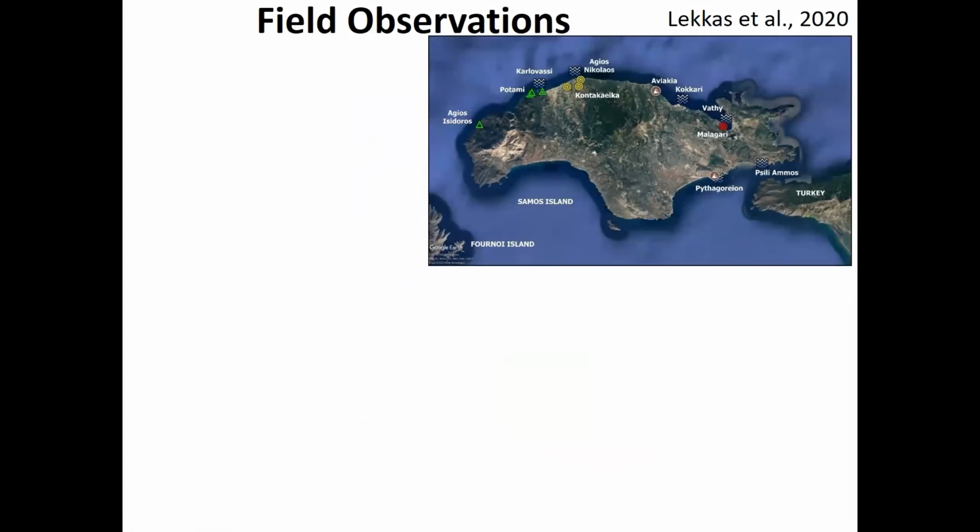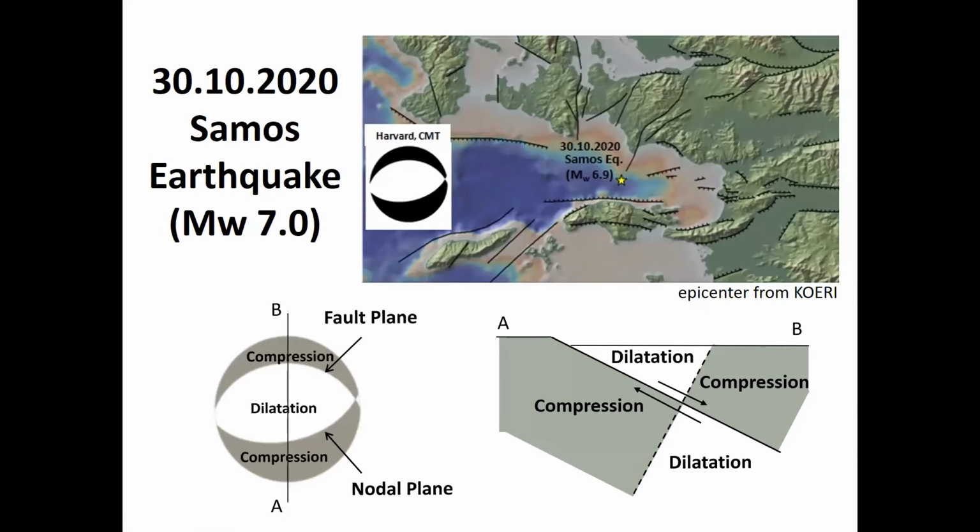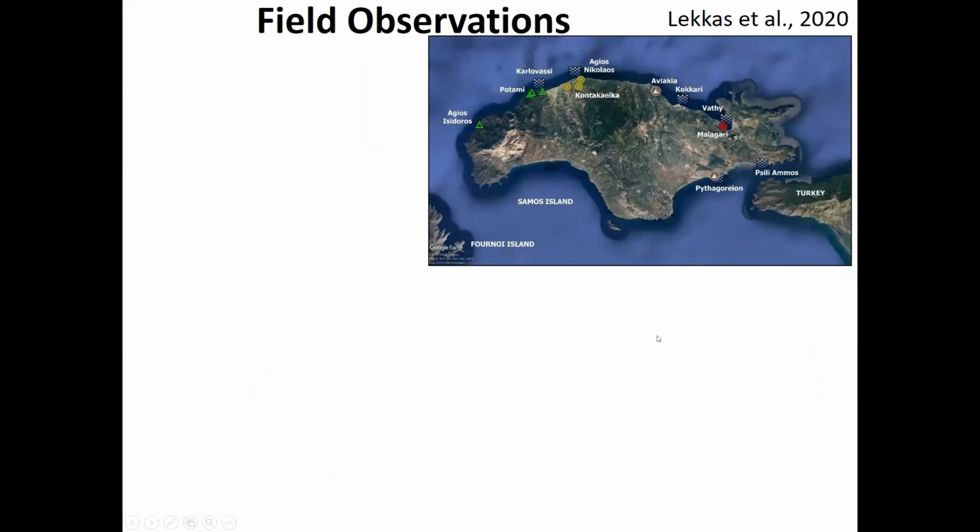To identify which fault plane was activated, field data is crucial, vital. In that sense, we had teams from both sides, Greek partners and Turkish partners, that conducted fieldwork on Samos Island and the Turkish coastal area.